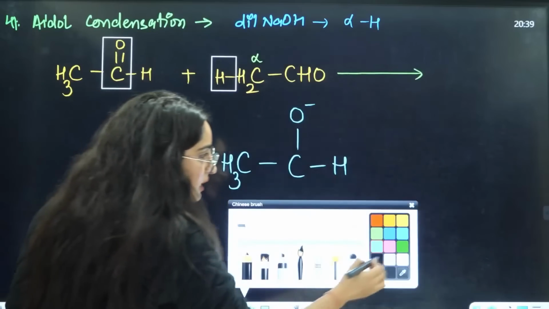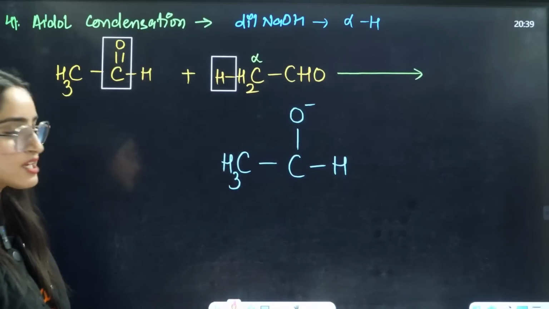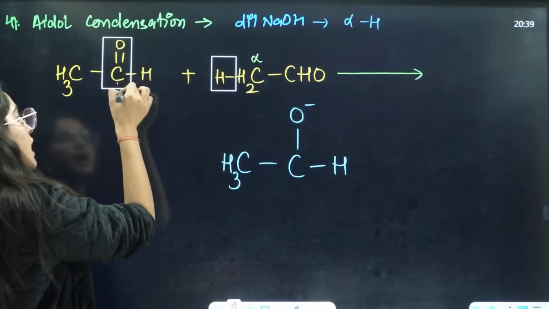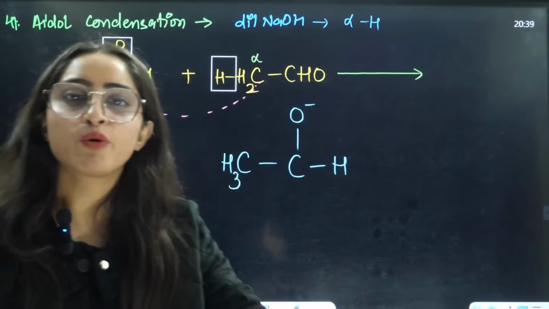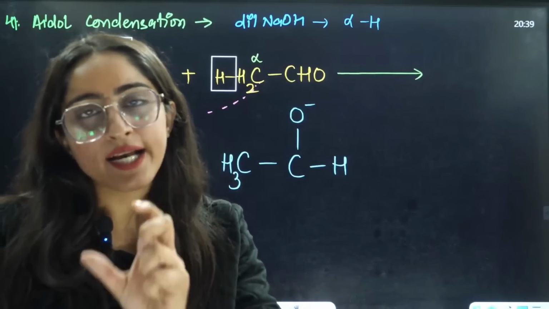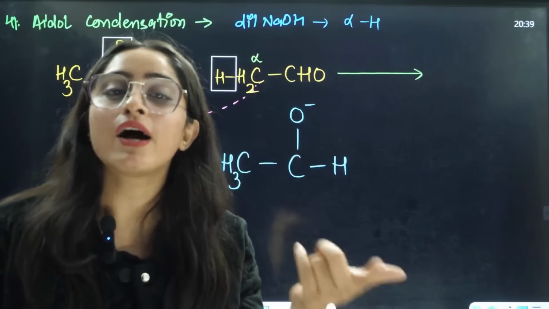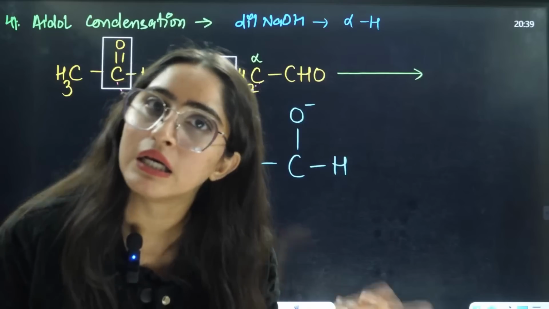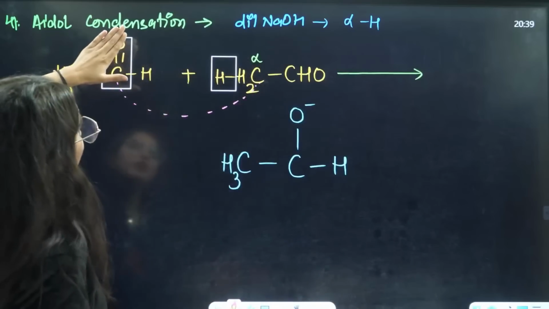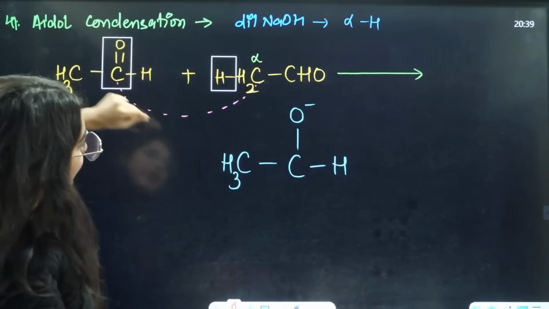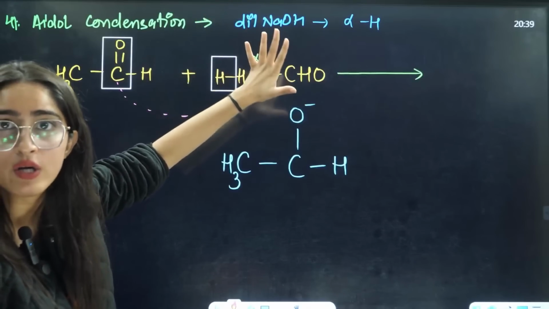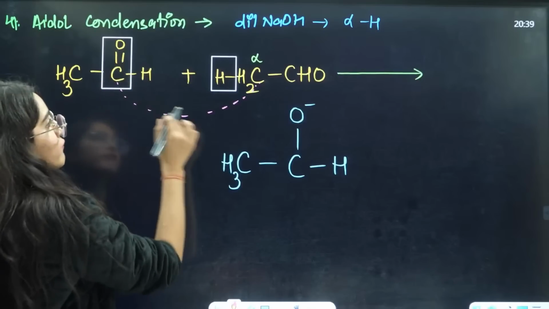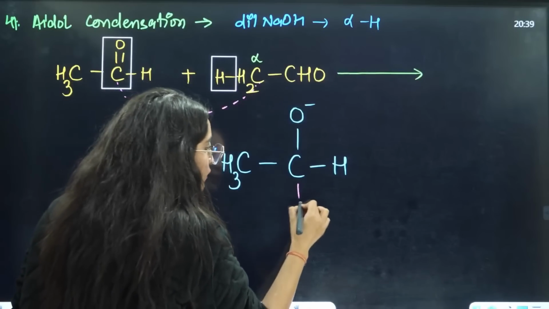Now attach these two things, this carbon with this carbon. The carbonyl carbon of one reactant will be attached to the alpha carbon of the other molecule, right? When we attach these two, you will have C here.